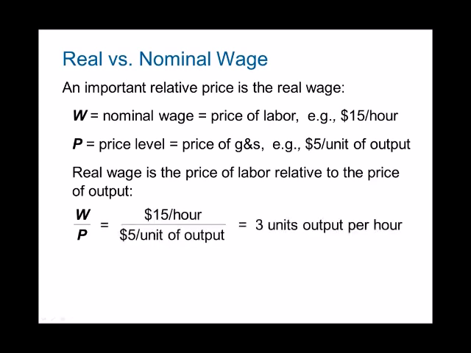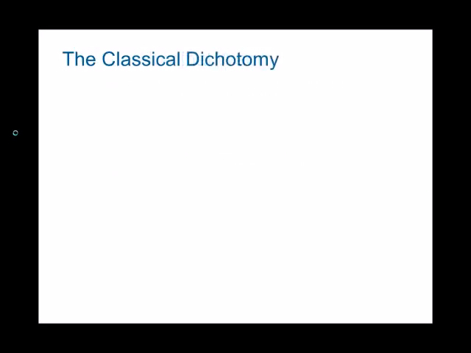In this case, you would just divide 15 by 5, and you would get 3 units. So if you worked one extra hour, you can purchase 3 more burgers. Instead of saying, if I work one extra hour I'll get 15 extra dollars, you say I will get 3 extra units of burgers.